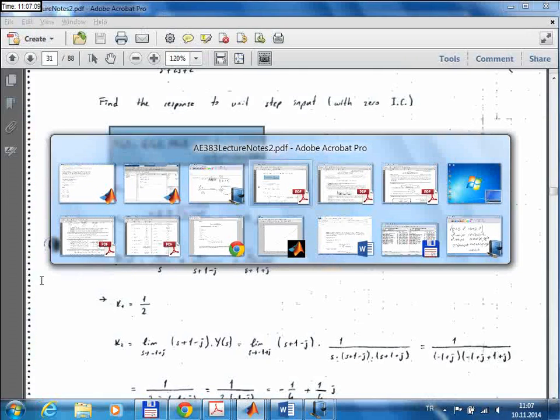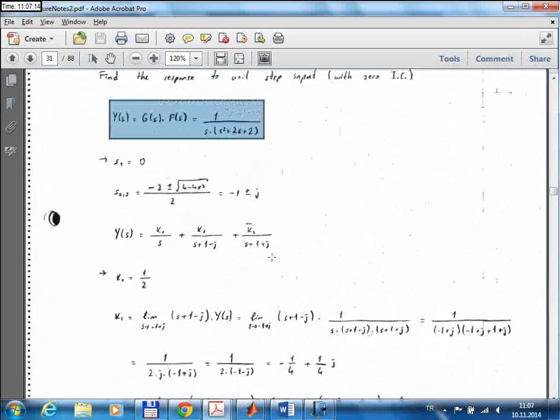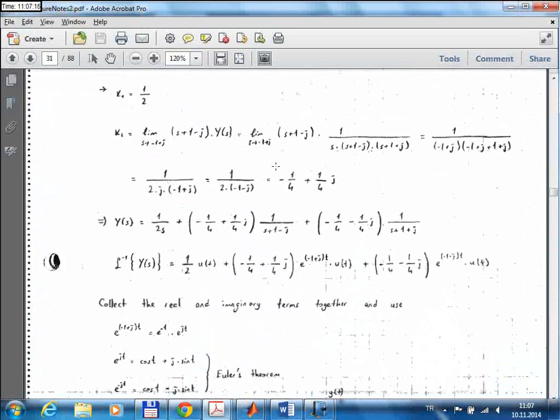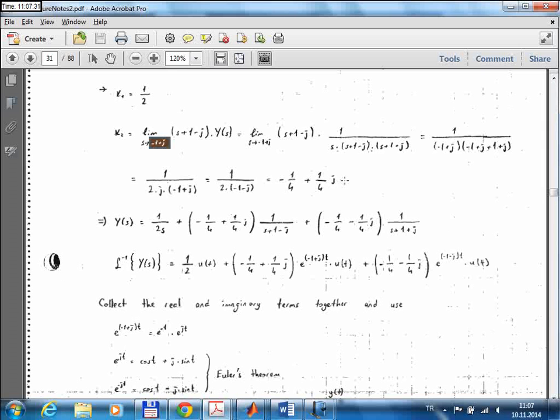So these should be the same numbers as the numbers we found in this example, just to be sure. So the residue corresponding to this pole minus 1 plus j. This is the pole, and the corresponding residue is the corresponding term here, which is the first one. So as you see, it's the same number.